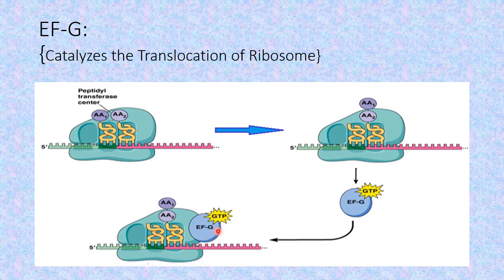So with the help of this elongation factor G, the ribosome translocates one codon at a time, and what will happen is that this free or empty transfer RNA without the amino acid will now come to occupy the E site, and the next transfer RNA which has the amino acids bound to each other by peptide bonds will come to occupy the P site.